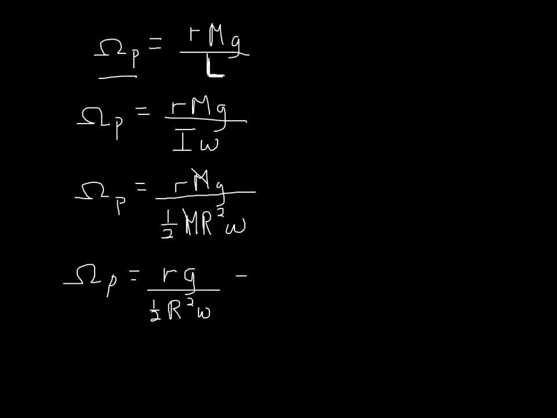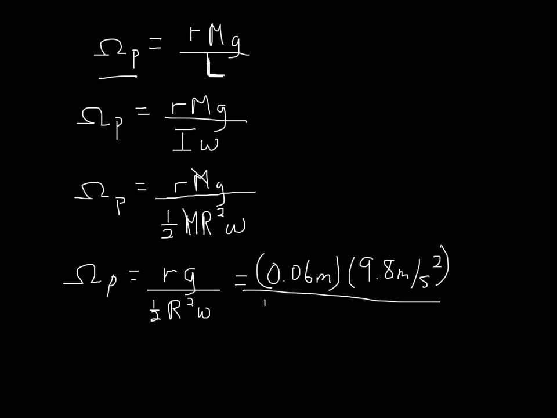At this point, I know all these variables. I know my little r, the distance of my rotating object from the rotation point, is 0.06 meters. I know what g is. g is the acceleration due to gravity, 9.8 meters per second squared. 1/2 is just a constant. My big R squared is the radius of my big disk, the object that is actually rotating, which is going to be 0.05 meters, and that's going to be squared.